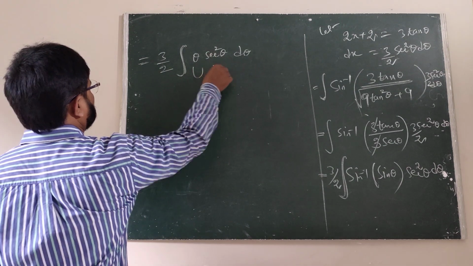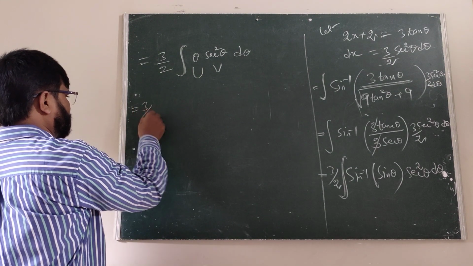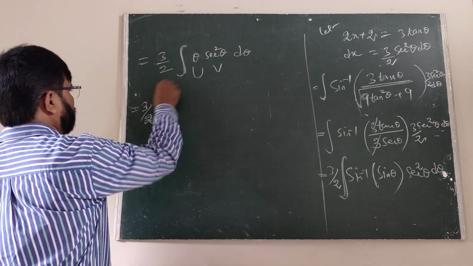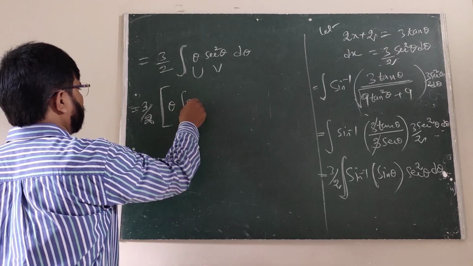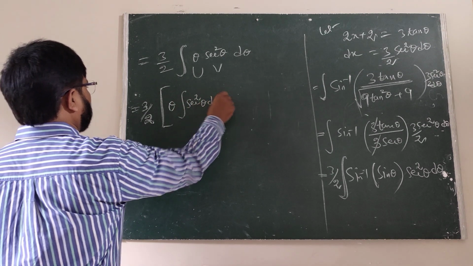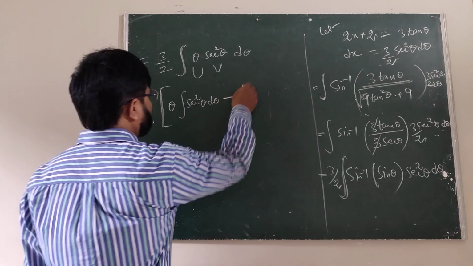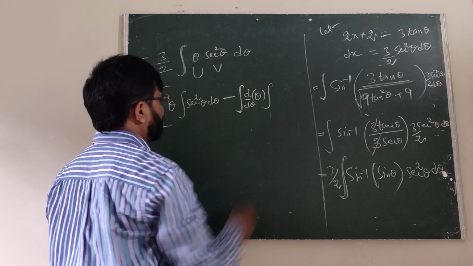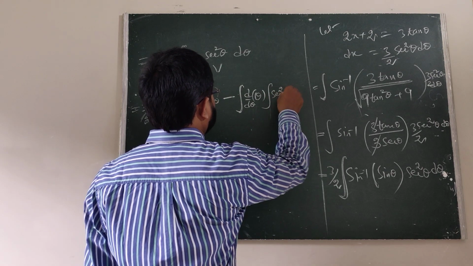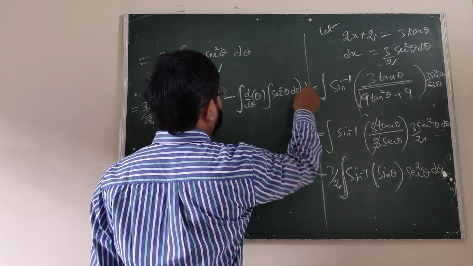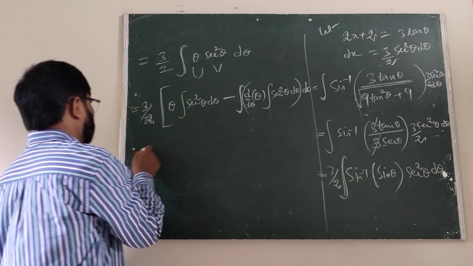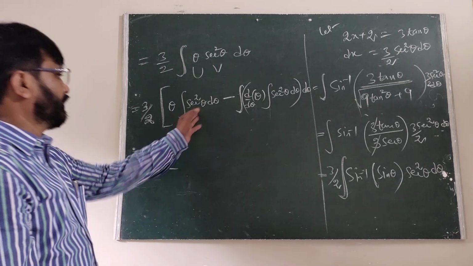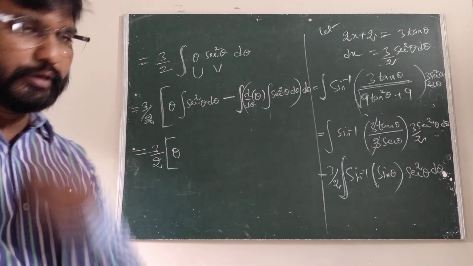Now this is u, this is v. Now this can be written as 3 by 2 times theta into integral of secant square theta d theta, minus integral of the derivative d by d theta of theta into integral of secant square theta d theta.